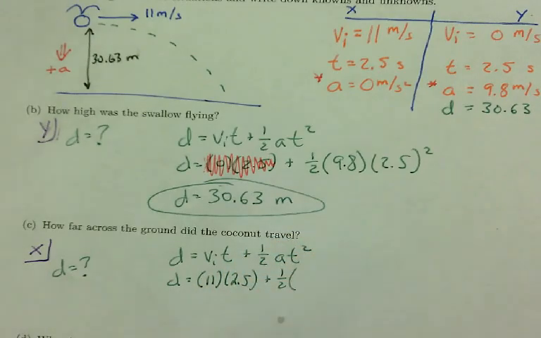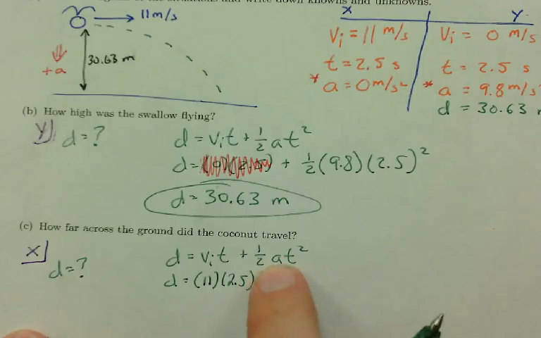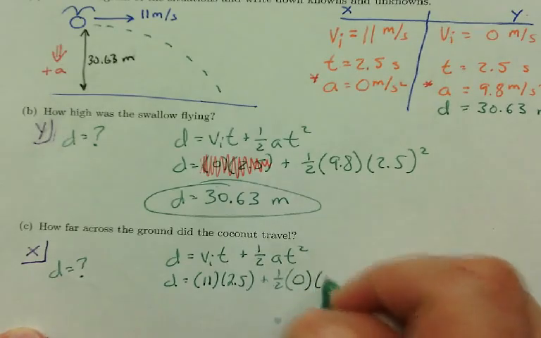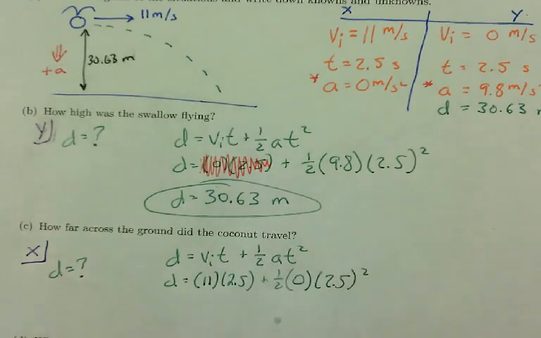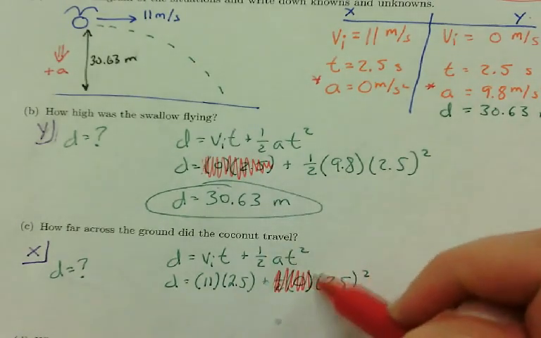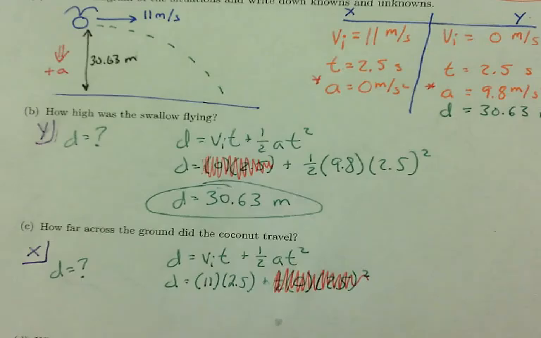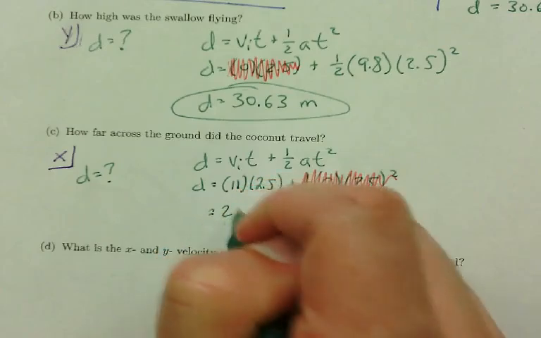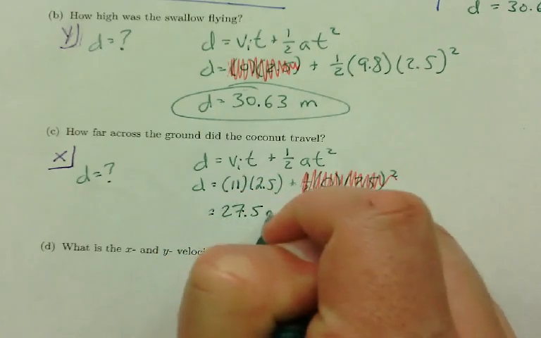Now be careful because a lot of times I see people plug in 9.8 for the A. Oh no, we're looking in the X direction now. In the X direction, the A is 0. And because there's a 0 in this term, I can cross the whole term out. So on my calculator, all I need to do is 11 times 2.5, which I am getting to be 27.5 meters.